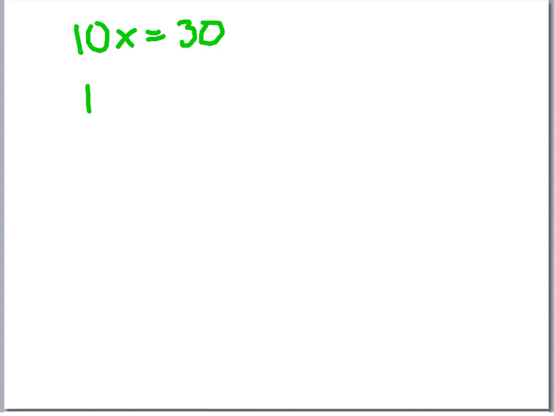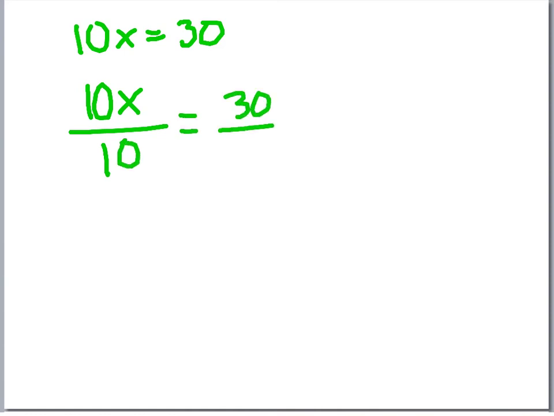So that will look like this: 10x divided by 10 is going to be 30 divided by 10. So here we have multiplying by 10, and we can get rid of that because it cancels out with dividing by 10. And then we're just left with the x. But look, then we get 30 divided by 10. That's going to get us that 3.